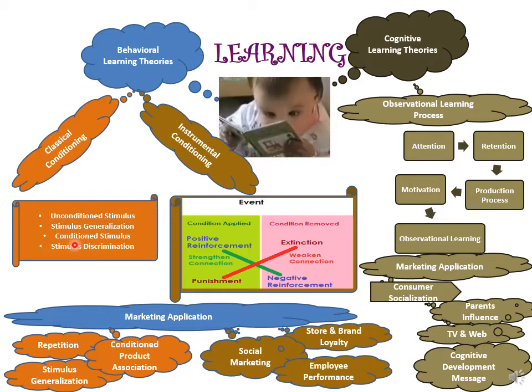Also here we can see that there are another two concepts, stimulus generalization and stimulus discrimination. Stimulus generalization refers to the tendency of stimuli similar to conditioned stimuli to evoke a similar conditioned response. An example is Pavlov, who noticed in subsequent studies that his dogs would sometimes salivate when they heard noises that only vaguely resemble a bell, such as keys jangling.